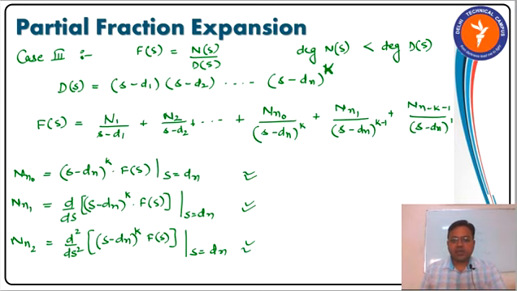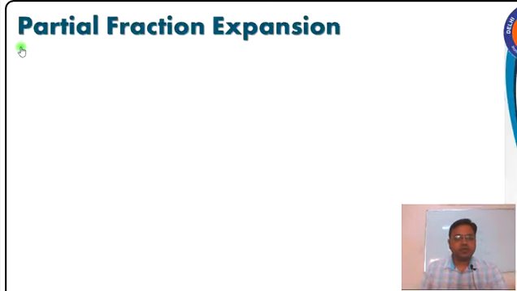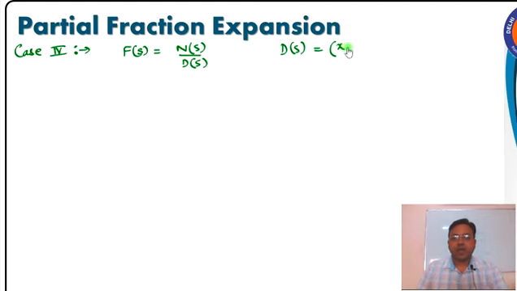Now let us discuss another case. In this case, we have a fraction expansion f of s, which is equal to ns by ds, and it is further provided that the degree of numerator is less than the degree of denominator, and also the factors of ds are s square plus d1 square, s minus d2, s minus d3 and so on.